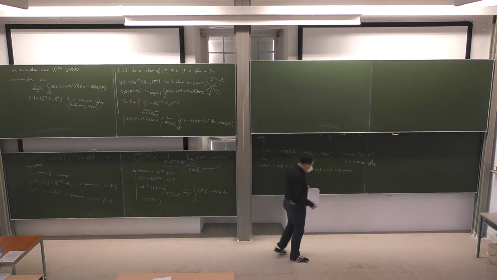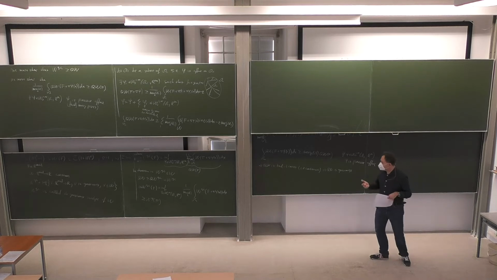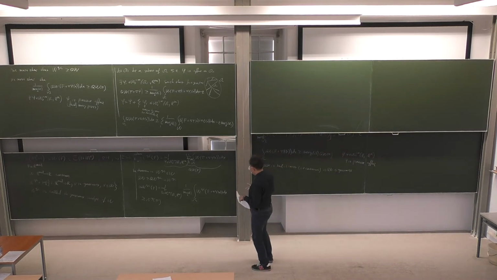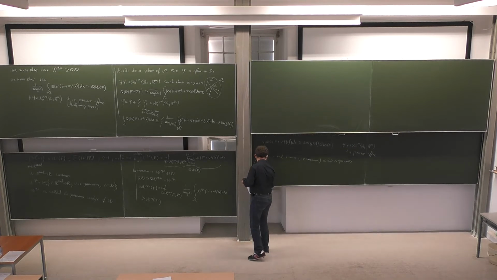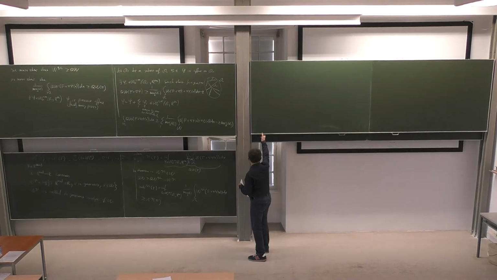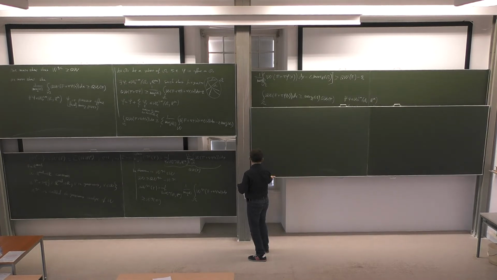So now, what can we do with this envelope? We have problems which do not have any solution, but you still have the infimum, say, and you want to still do something.